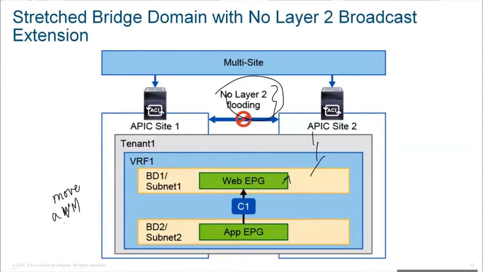But that would mean for DR, it would be more cold migration, not while the VM is on, not a live migration, cold migration. That's the only thing possible in this scenario. It's ideal where you need just inter-site mobility for DR purposes.